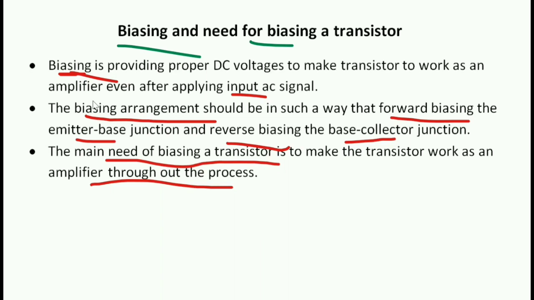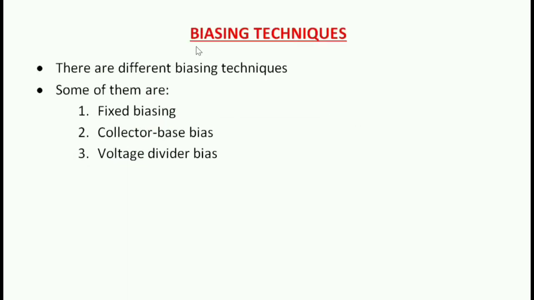For biasing a transistor, we require a DC supply. Let us see what the techniques are and how a transistor is biased. Biasing techniques are nothing but the ways in which a transistor is biased. Some of the biasing techniques are fixed biasing, collector to base biasing, and voltage divider biasing.